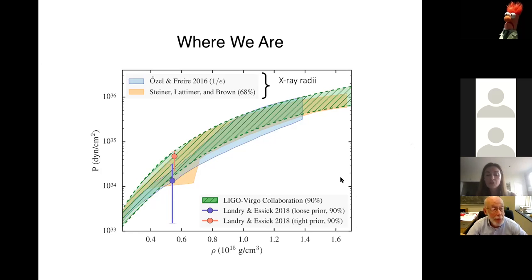That's a very good question. When I listed the various probes and I said the moment of inertia, I could have included glitches there too. What the glitches tell you is the relative moment of inertia of the core to the crust. So the prevailing theory of glitches is that there is differential rotation introduced because of superfluidity in the core and the crust. And at some point, this differential rotation basically resets.